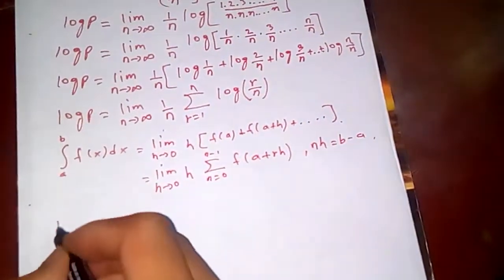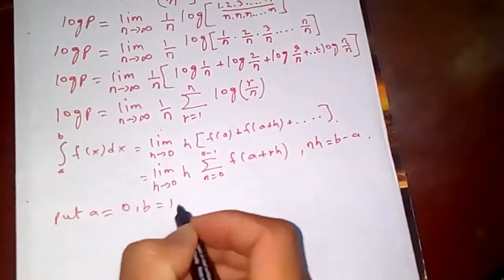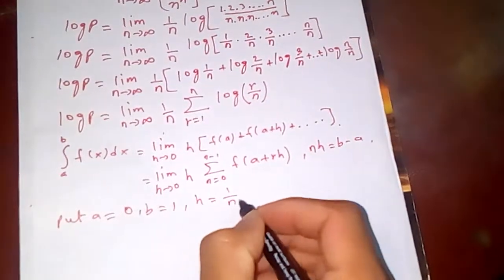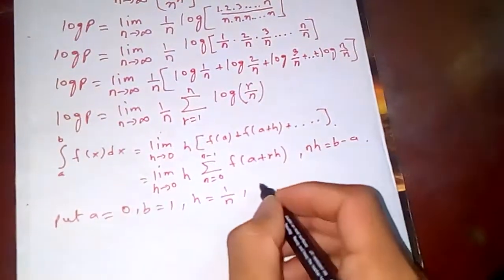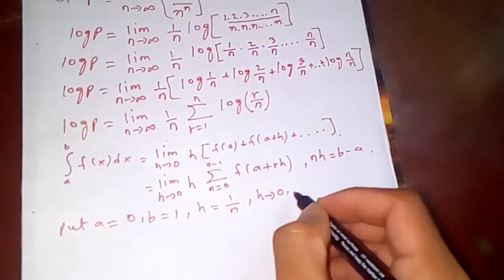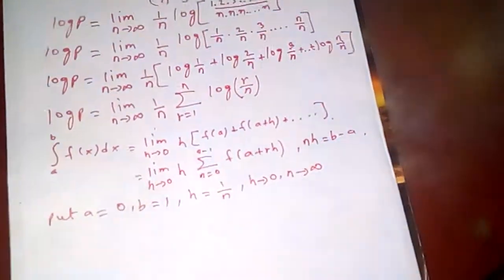Now put a equal to 0 and b equal to 1. That means our h will be 1 over n. When h tends to 0, that means n tends to infinity.